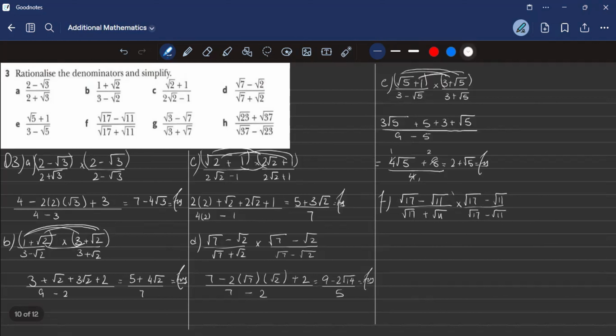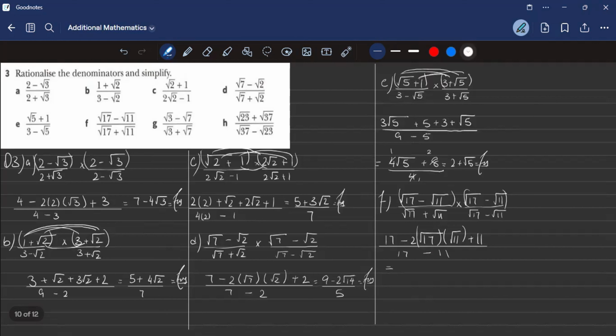So a minus b whole squared is root 17 squared, which is 17, minus 2 multiplied by root 17 multiplied by root 11, plus root 11 squared, which is 11, divided by a squared, 17, minus b squared, which is root 11 squared, which is 11.